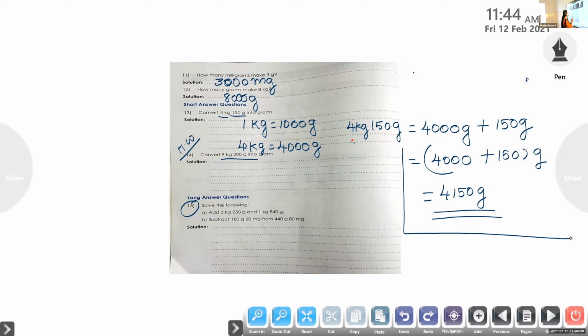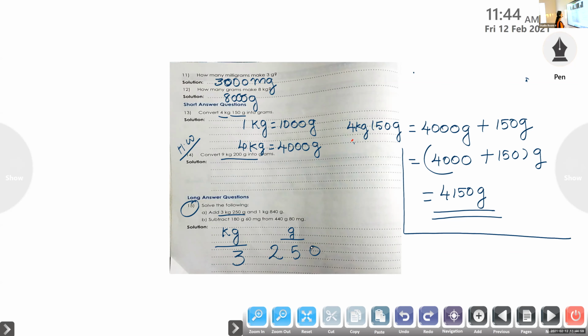Here, first one is add 3 kilogram 250 gram and 1 kilogram 840 gram. All can do along with me. First you have to give the heading kilogram, gram. The first number is 3 kilogram 250 gram, so under kilogram write 3 and under grams write 250.